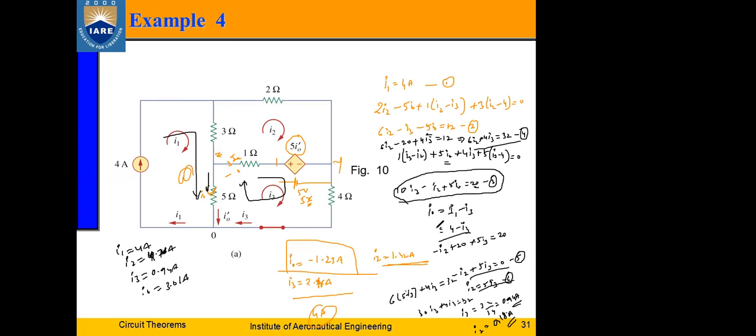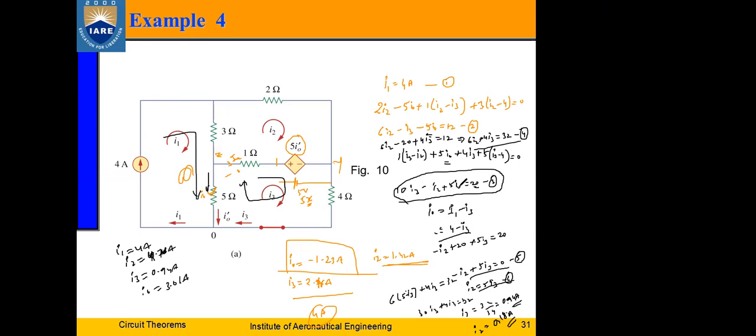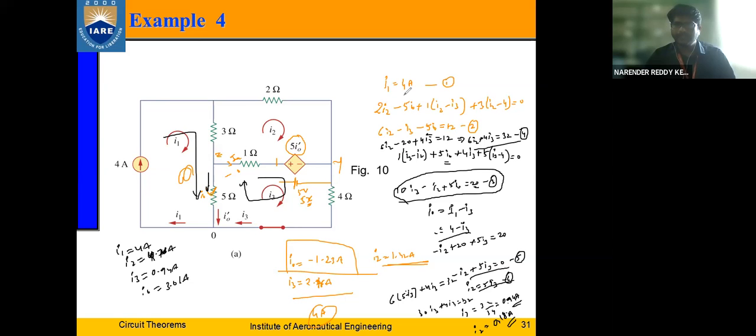So substitute this value here: I0 is equal to 4 minus I3, and tell me the equation. Sir, by solving 2, 3 and I0 equal to 4 minus I3, three variables, we can get I0, I1, I2 and I3. Yeah, that's what I said. Whatever method I use, you will get the same thing, right? It doesn't matter whether it is with the loop 1 equation or the I0 equation. Since you have 3 equations and 3 unknowns, you should get the values of the variables, right?